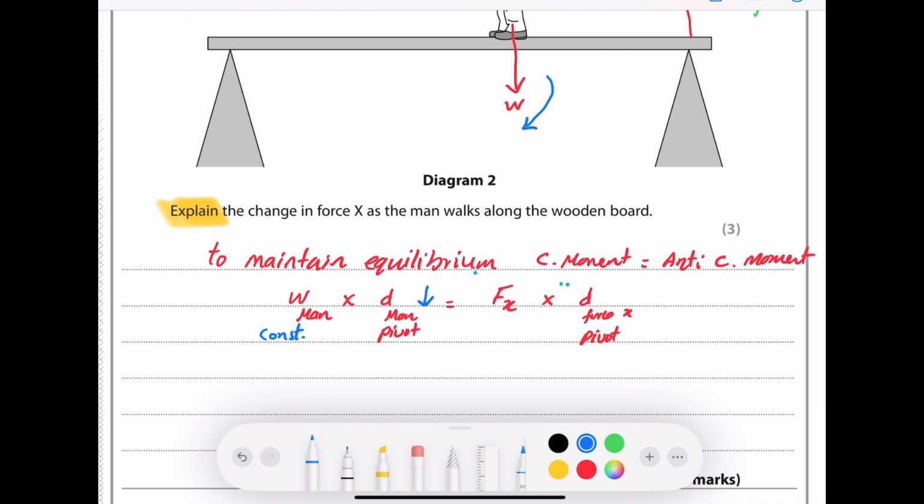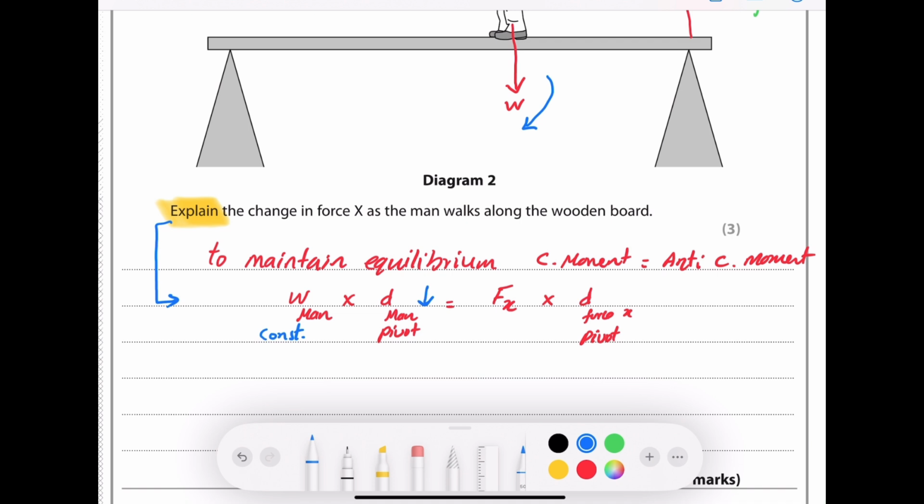This is a very important keyword, and the examiner said, explain. So you should say the distance between the line of action of the weight of the man and the pivot decreases.